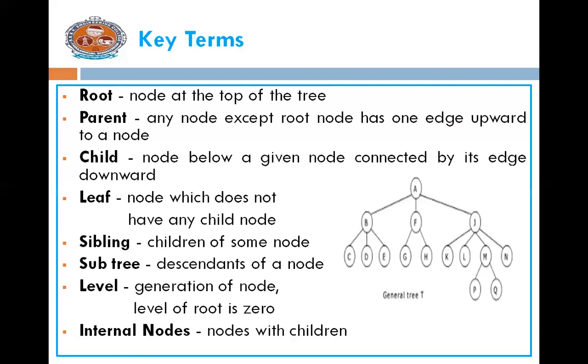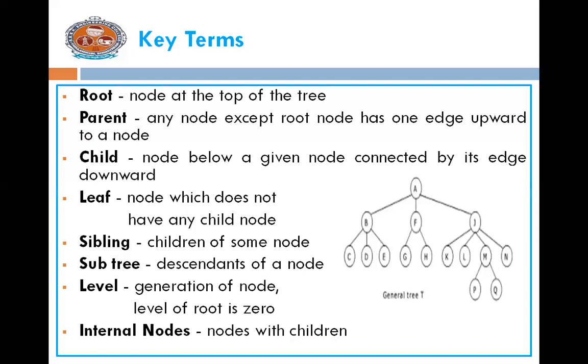Siblings means children of the same node are called siblings. For example, for C, D, E, B is the parent, so all are the children of the same node. That's why they are called siblings. Siblings example: C, D, E are called siblings.